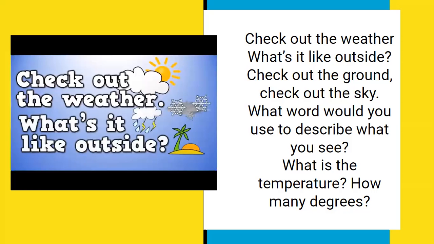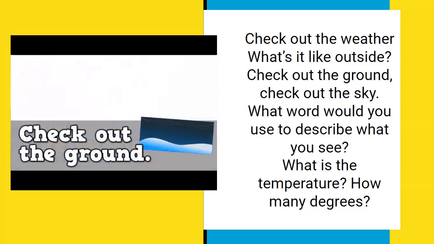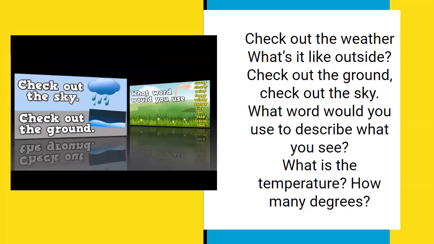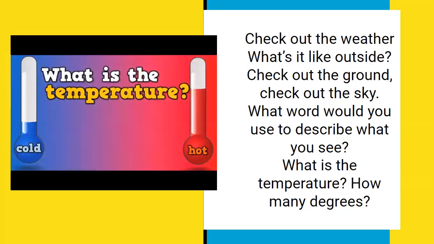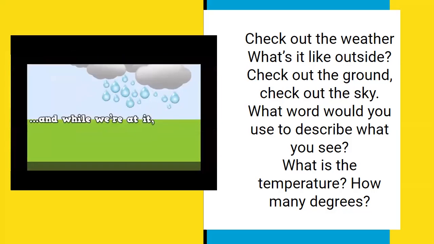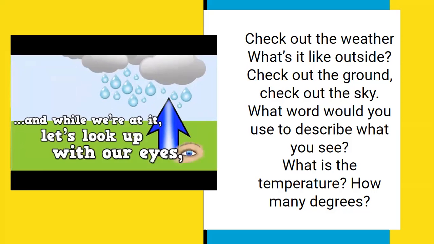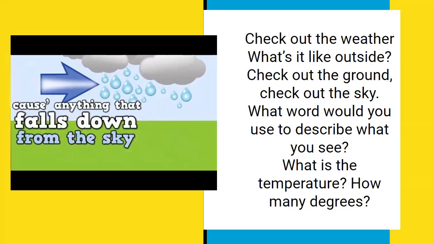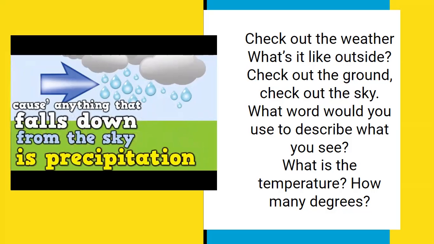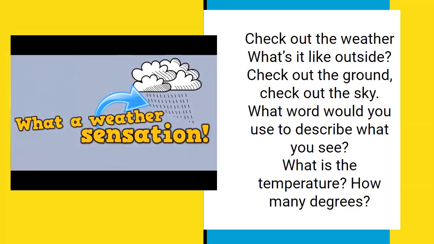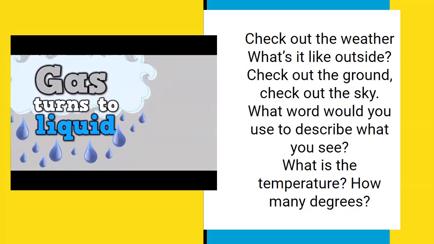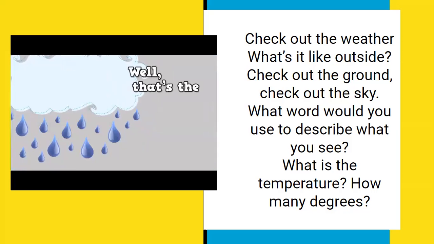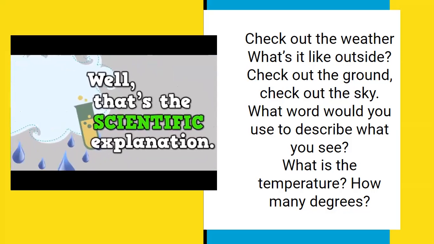Check out the weather, what's it like outside? Check out the ground, check out the sky. What word would you use to describe what you see? What is the temperature, how many degrees? And while we're at it, let's look up with our eyes, cause anything that falls down from the sky is precipitation. What a weather sensation. It usually starts with a cloud formation. Gas turns to liquid during condensation. Well, that's the scientific explanation.